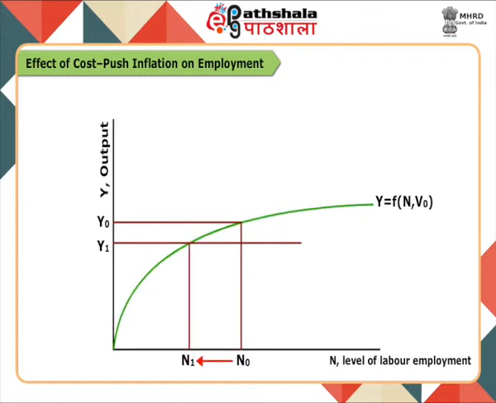But if production function shifts down due to substitution of other factor inputs with labor, the new production function shall be Y = f(N, V1), where V1 represents other factor inputs except labor, which is again at fixed level and less than V0.